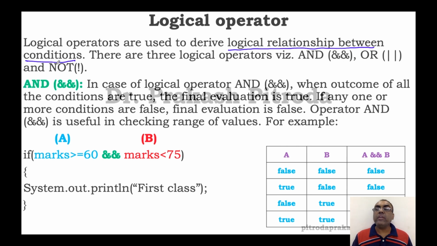So if I want to evaluate whether a number is falling between two values, say from 60 to 75, including 60 and including 75, I'll be able to write equal to here. I want to check whether my marks fall into this range.